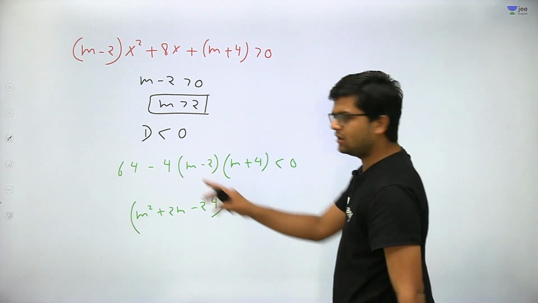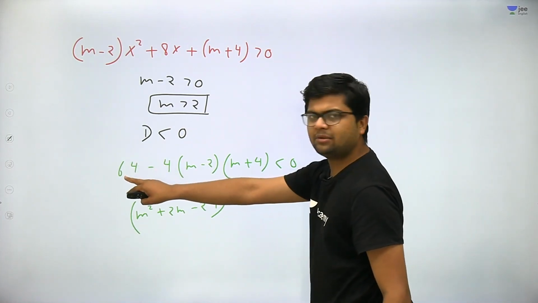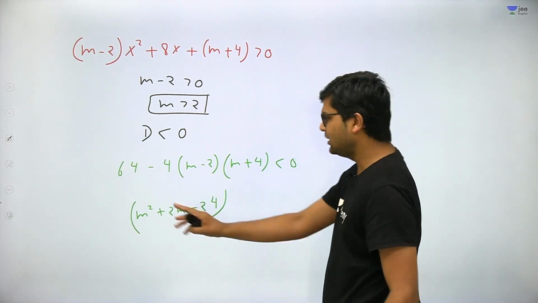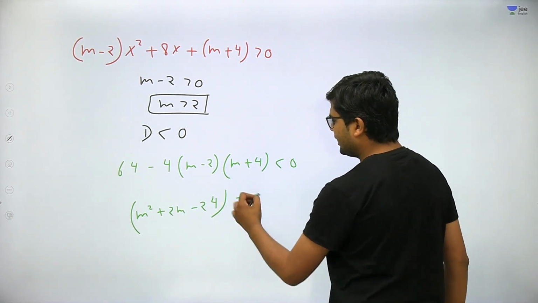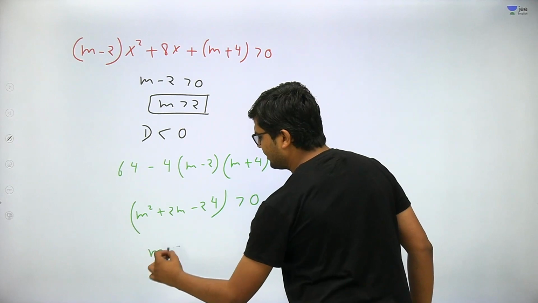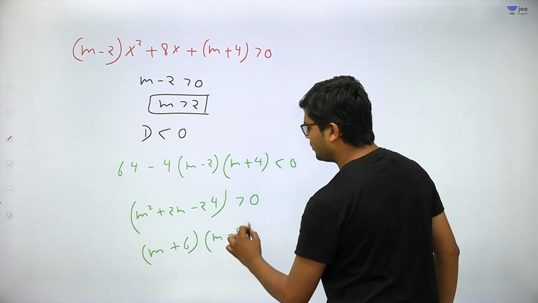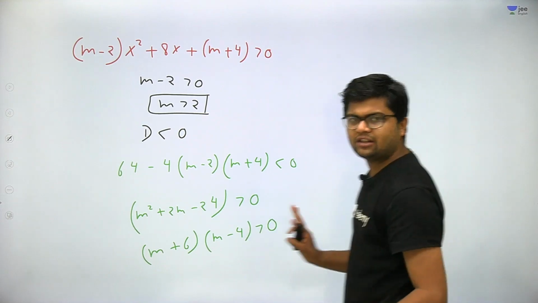Because if you take out minus 4 common, there will remain minus 16. And it is greater than 0. If we factorize this, it will come out to be (m plus 6) into (m minus 4) greater than 0. That is the final conclusion.